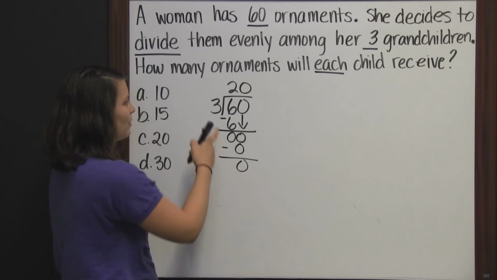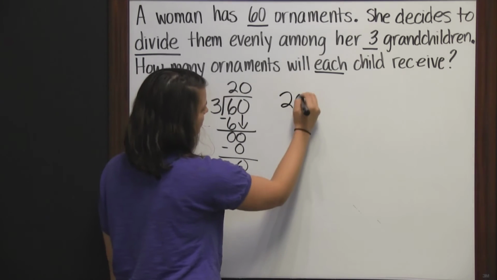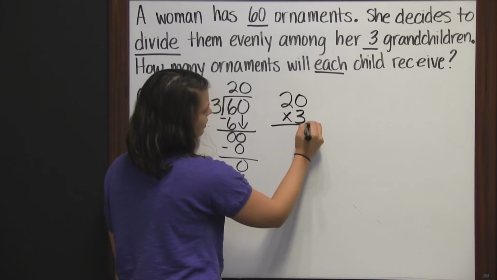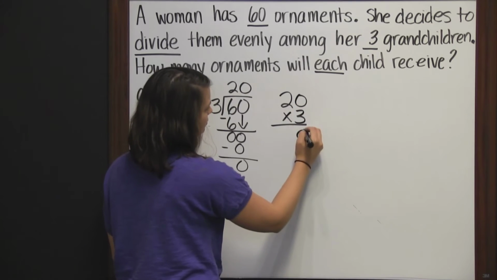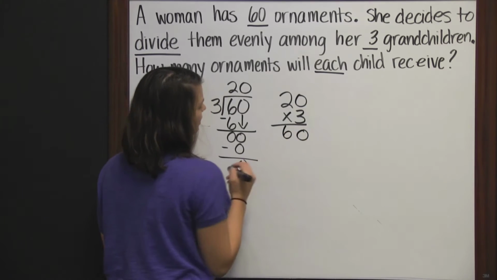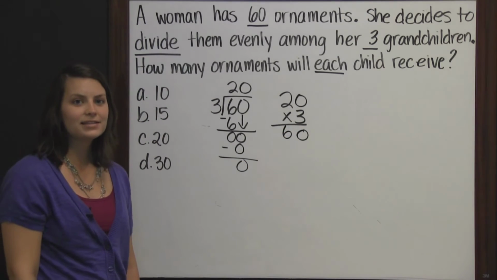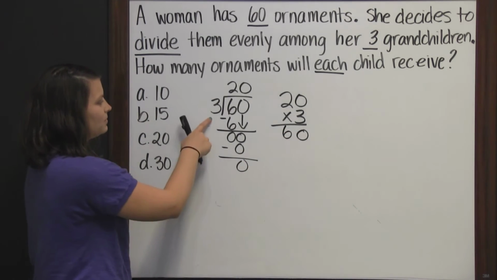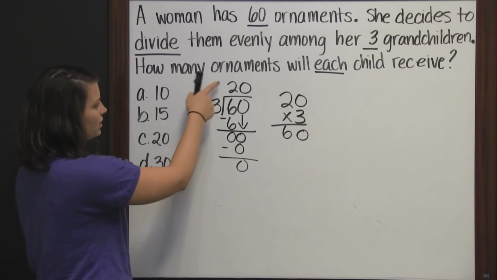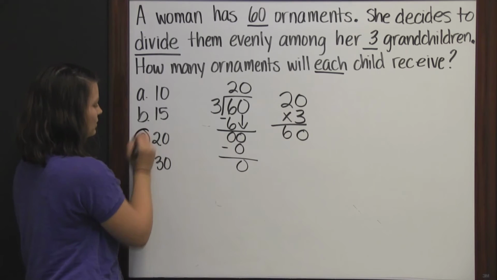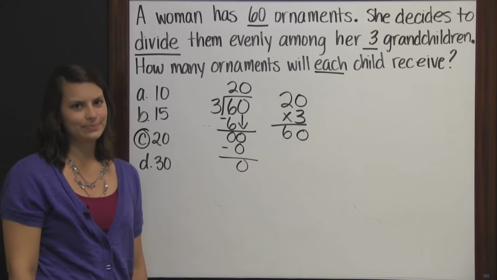We can check this by multiplying 20 times 3. 3 times 0 is 0, and 3 times 2 is 6. And we do in fact get 60. So that means that each one of her grandchildren is going to get 20 ornaments, which is answer choice C.